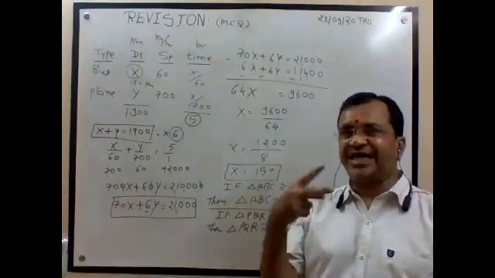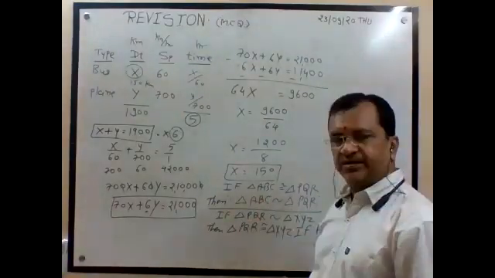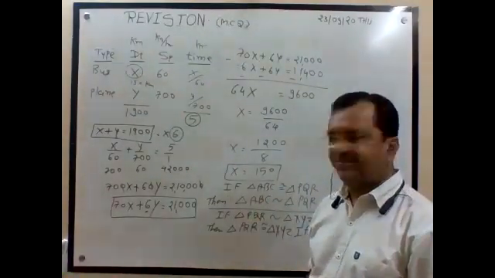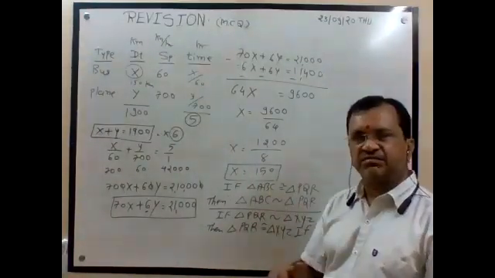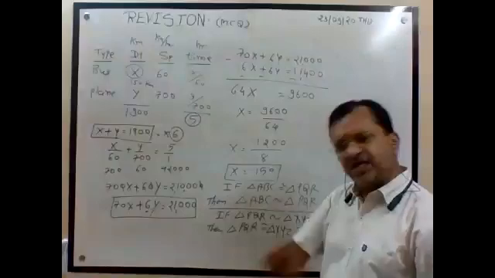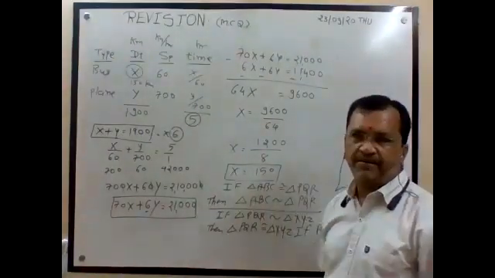If the ratio of sides is 1 and it is similar, then it is congruent. But if it is congruent, without any condition it is similar.